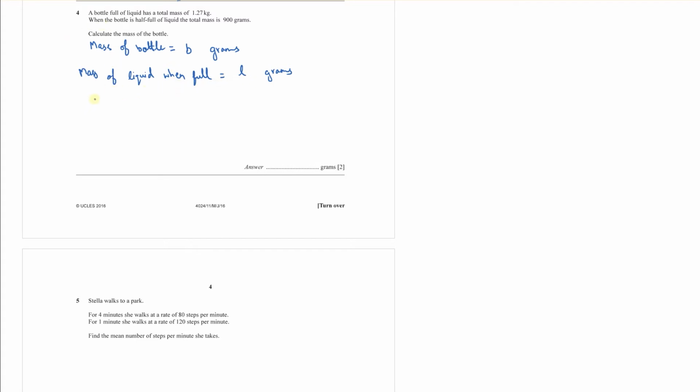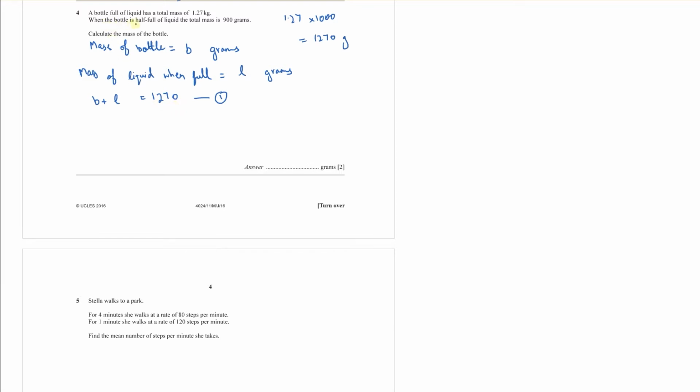When the bottle is full, your mass would be B plus L, the mass of the bottle plus the mass of the liquid, and you're given that this mass is 1.27 kg. So 1.27 multiplied by 1000 gives you 1270 grams. Since we are doing everything in grams, this gives you the first equation: the mass of bottle plus the mass of liquid is 1270 grams.